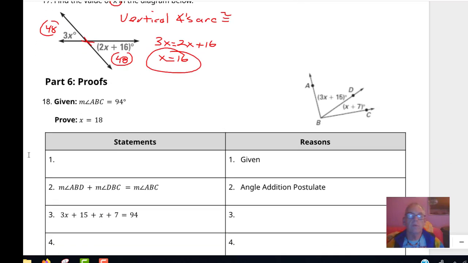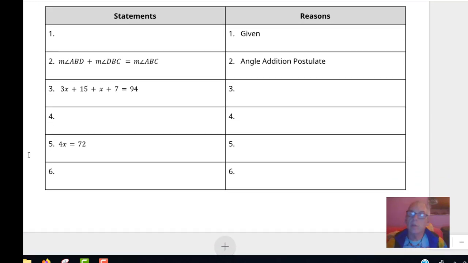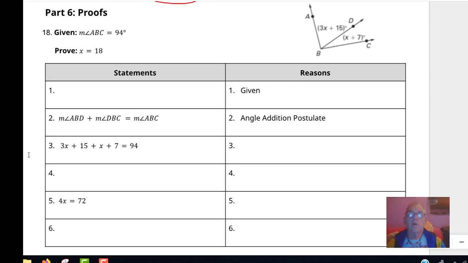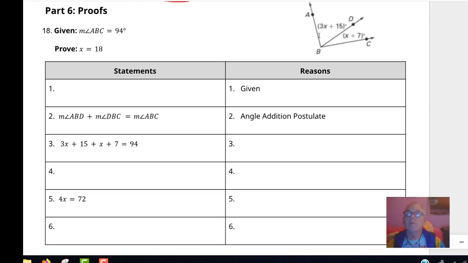Let's look at this proof for part 6. And let's see what we have here. So given that the measure of ABC is 94, this big angle here is 94 degrees. We can see that these two together need to be equal to 94, and then we can solve for x.